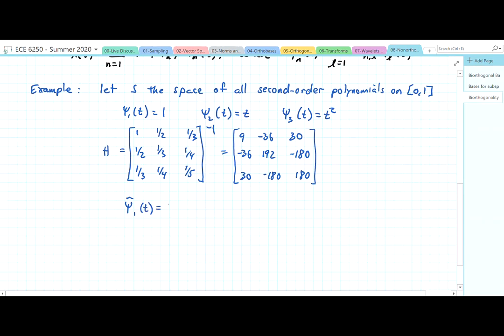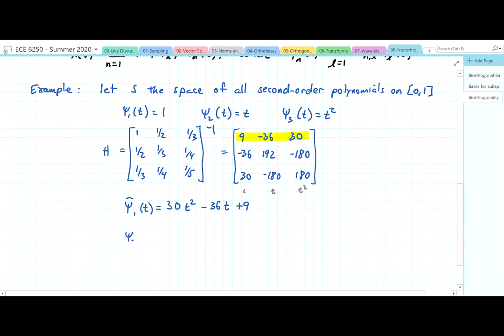It's going to be 30t squared minus 36t plus 9 for our first one, right here, where the first column corresponds to 1, the next to t, the next to t squared.